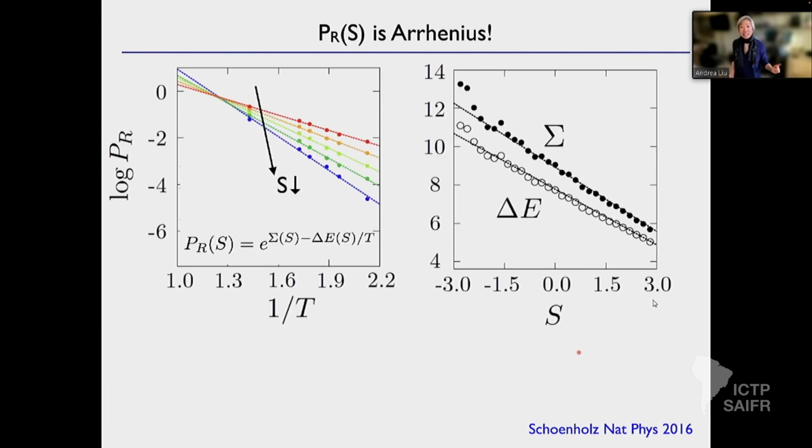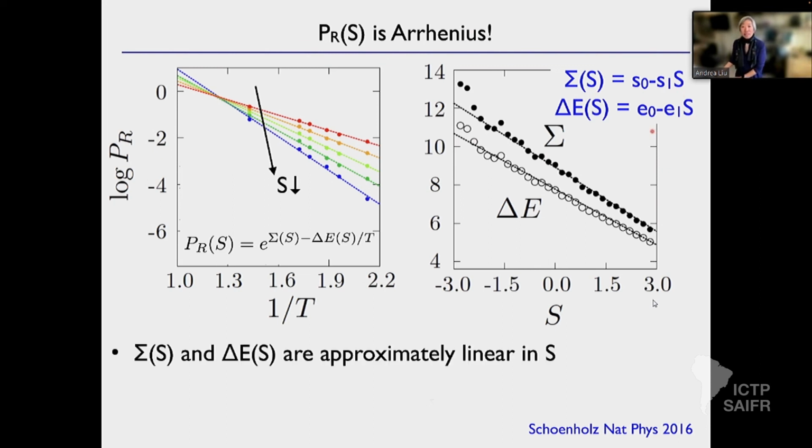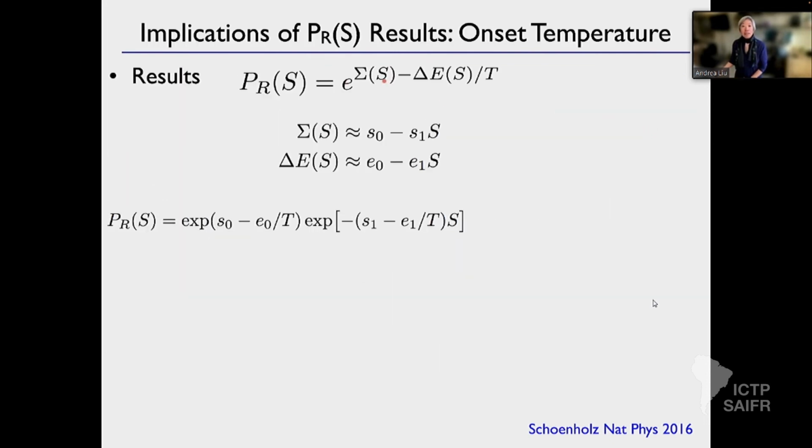Now, that place where they all cross. If you look at this, you see that the energy barrier and entropy barrier are approximately linear in softness. And if we take that seriously, the probability of rearranging, remember, has this Arrhenius form, and these are linear. So now we can rearrange these terms into a term which is purely Arrhenius and doesn't depend on softness, and then a term which is linear in softness.